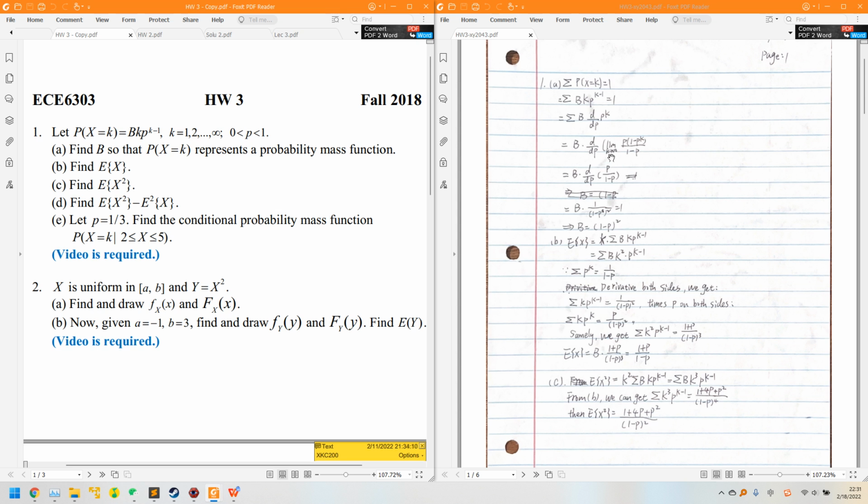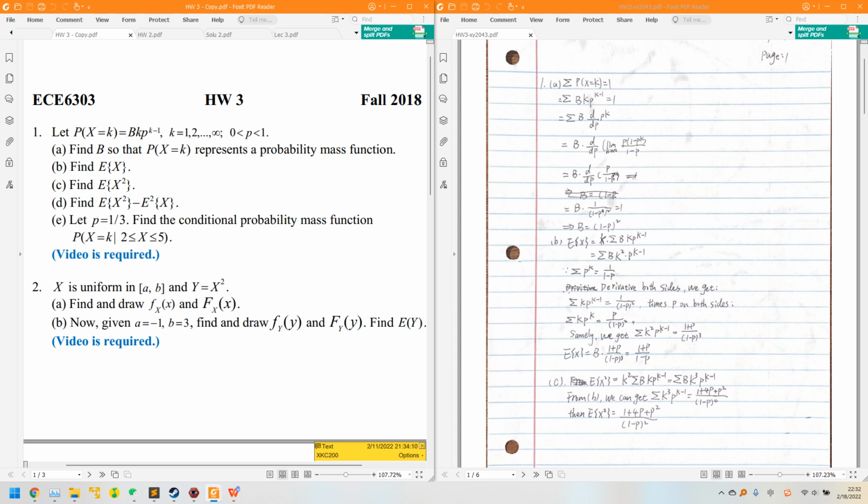When k is infinity, p to the power of k is actually 0, because p is from 0 to 1. So the result of this limit is p over 1 minus p.